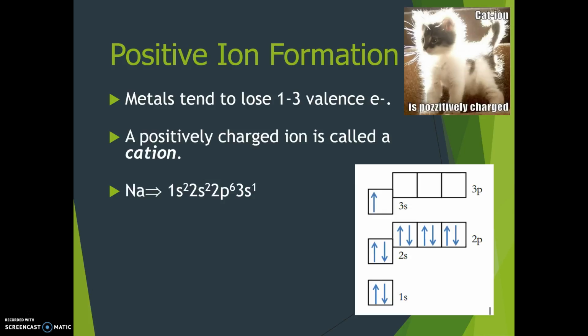When sodium becomes an ion, it loses that 1 3s electron and now has a positive charge and a new configuration of 1s2, 2s2, 2p6. If you analyze the Aufbau diagram on the right, you can also see this electron removed as the sodium forms a positive ion.